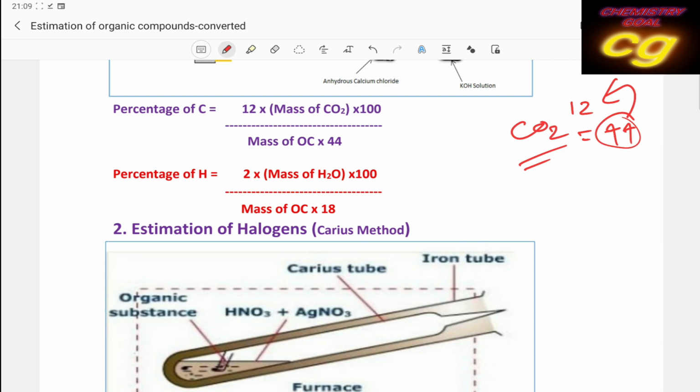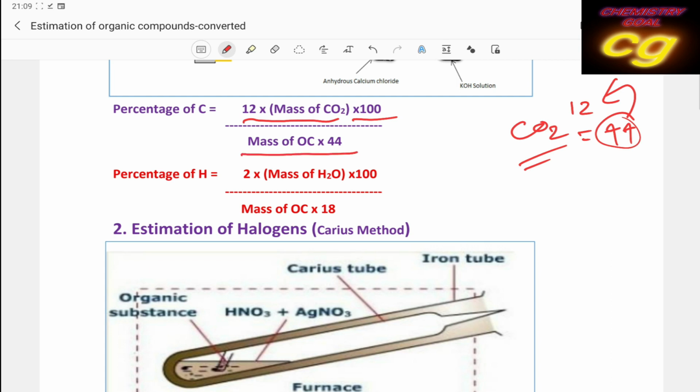So the formula for the percentage of carbon in the organic compound: 12 is the amount of carbon in CO2, multiplied by the mass of CO2 produced. After the heating, we have to calculate how much CO2 is absorbed by potassium hydroxide. Then multiply by 100, because for percentage we have to multiply by 100.